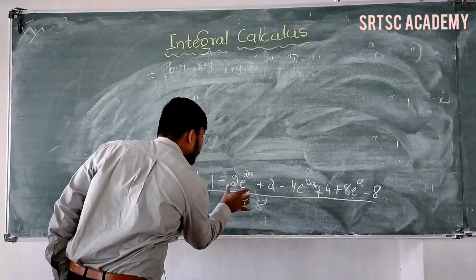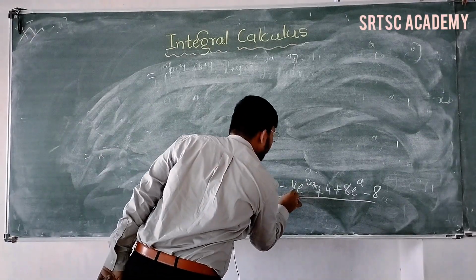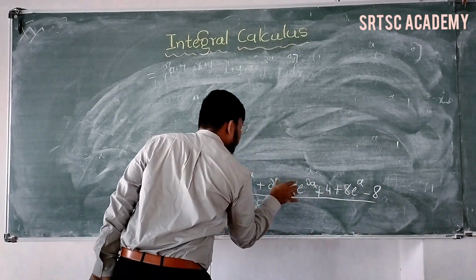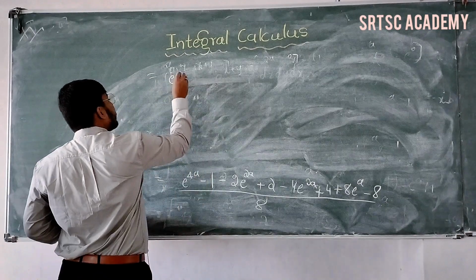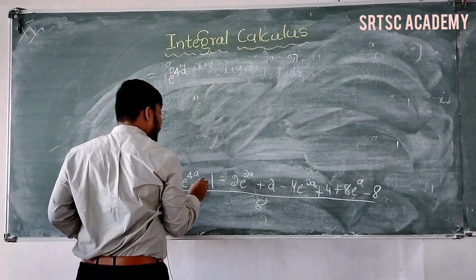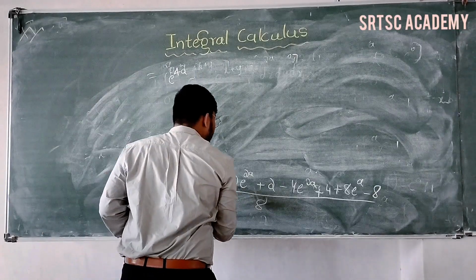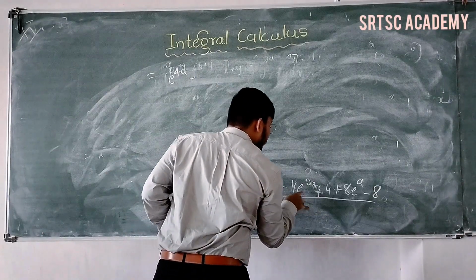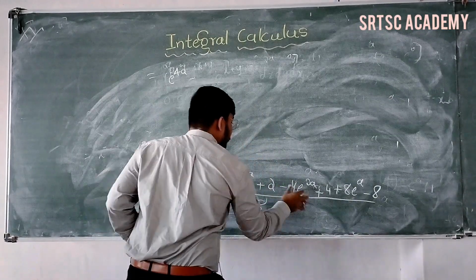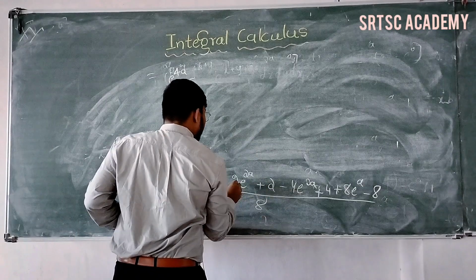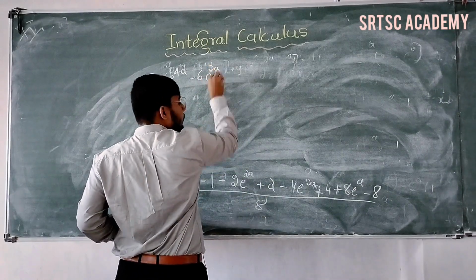What we have here: minus 2e^(2a) minus 4e^(2a). Minus 2 minus 4 is minus 6, right? e^(4a) as it is. Minus e^(2a) minus e^(2a), because this is common, so we can add the coefficients: minus 4 minus 2 is minus 6e^(2a).